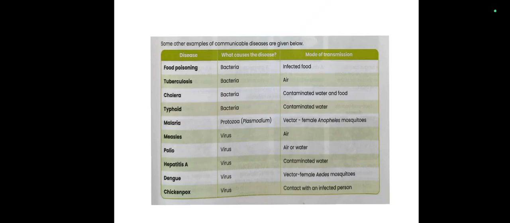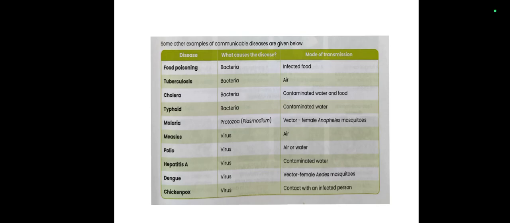In the case of malaria, it is Anopheles, but in the case of dengue, it is Aedes. Dengue is from a virus, while malaria is from protozoa and the vector is the Anopheles mosquito. Chickenpox also spreads from a virus, and the mode of transmission is contact with an infected person.